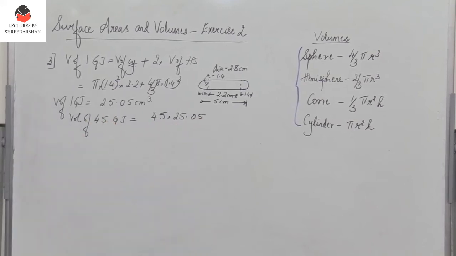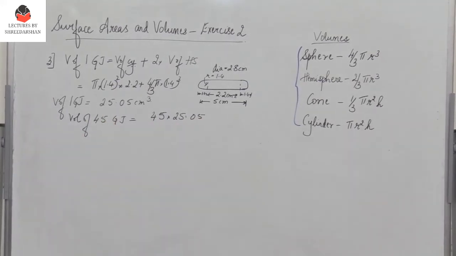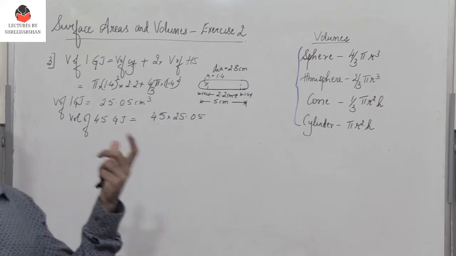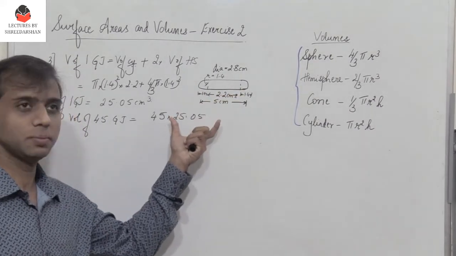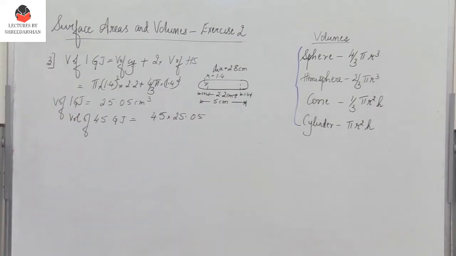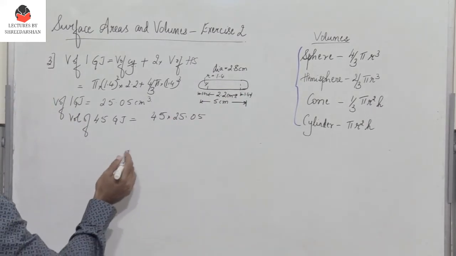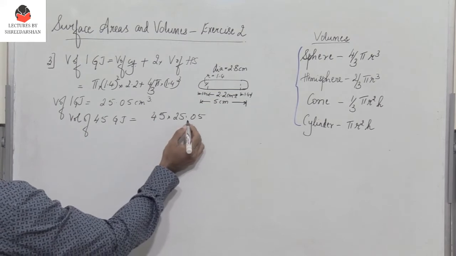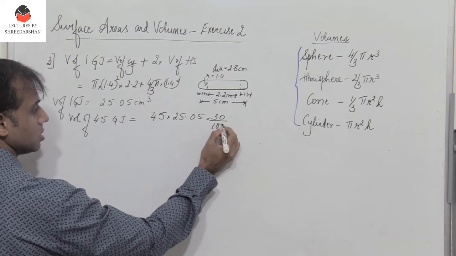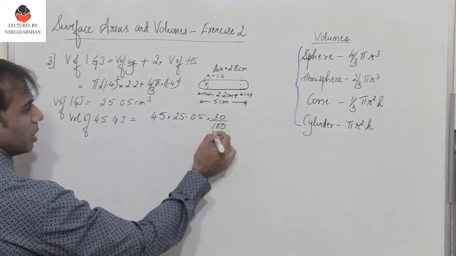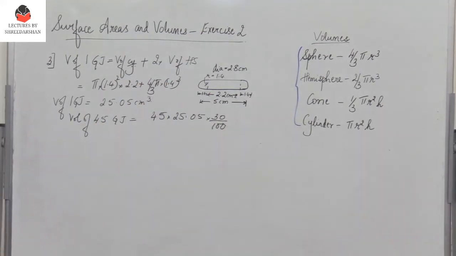And now what do I need to find? I need to find the volume of the sugar syrup content. It's been given that 30% of the gulab jamun is made up of sugar syrup. So 30% means what? I have to just multiply it by 30 by 100, or multiply it by 0.3.